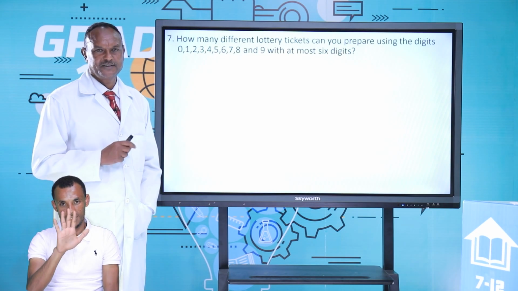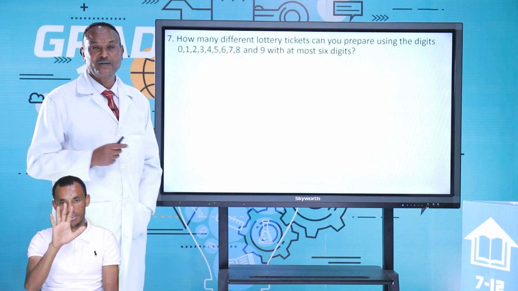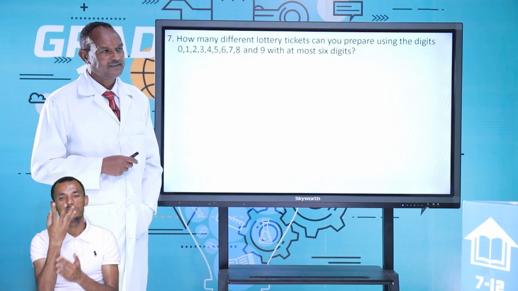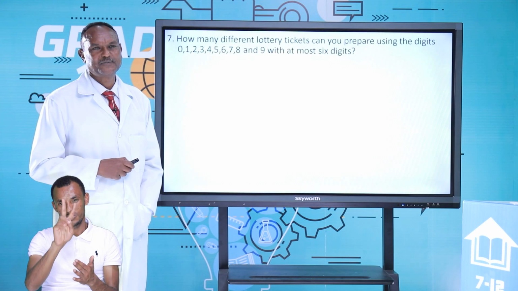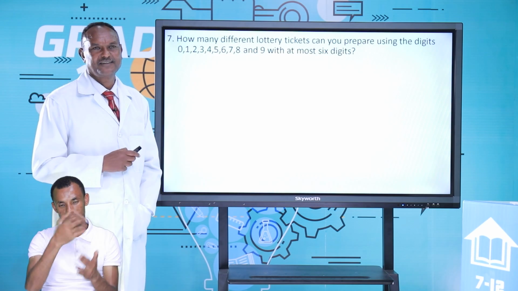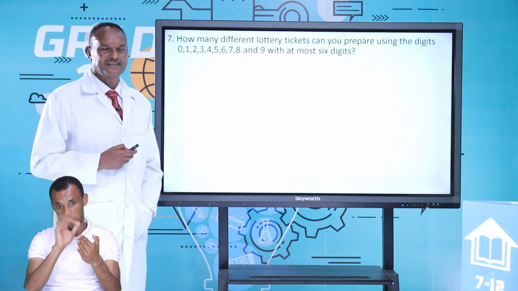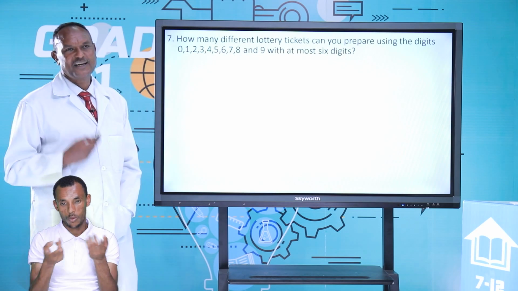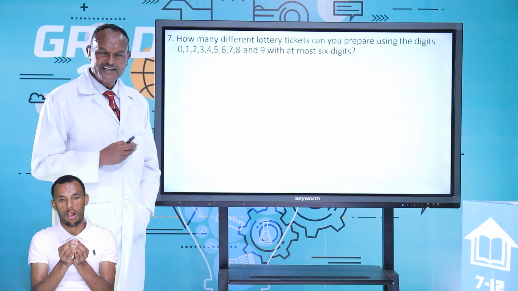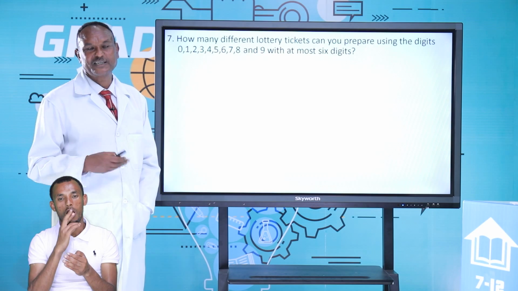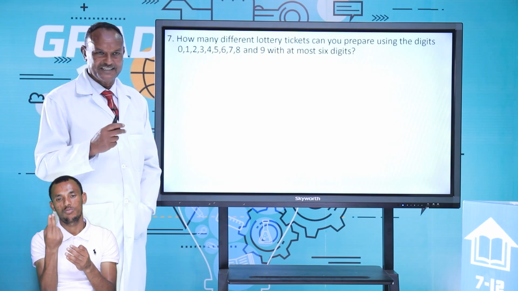If we take 075, how many digit number is it? It is a 2-digit number, which means 75. So what does it mean? When you are preparing a lottery ticket, the leading zeros are not considered as digit places.